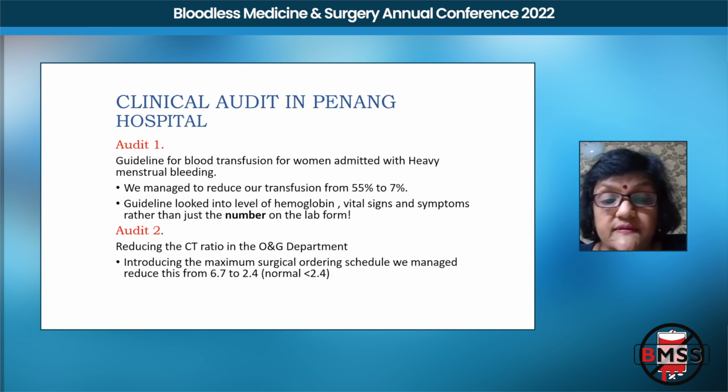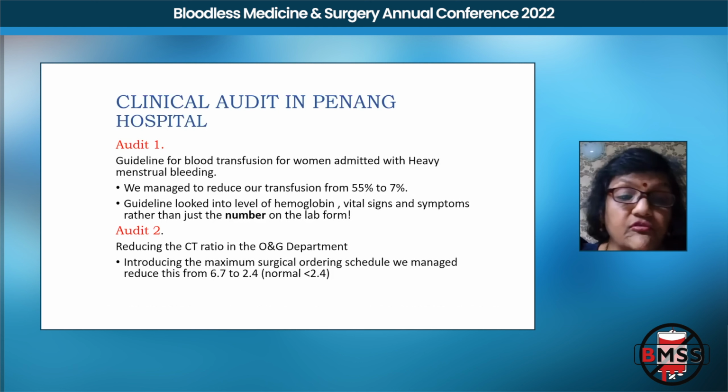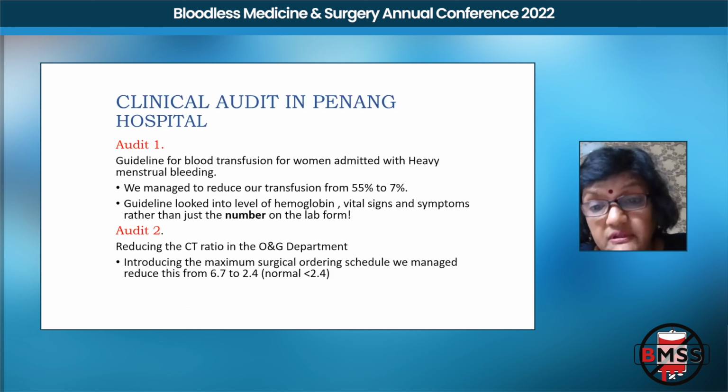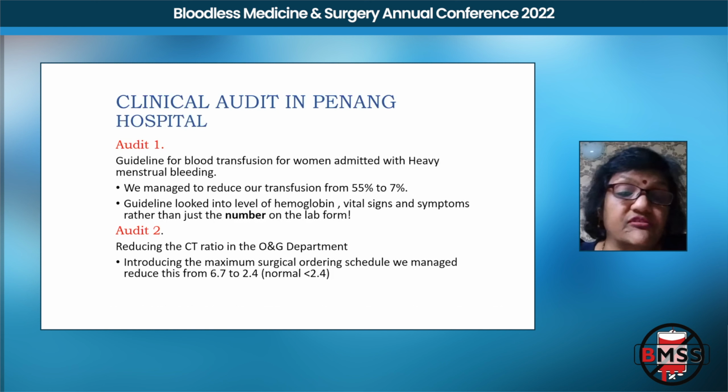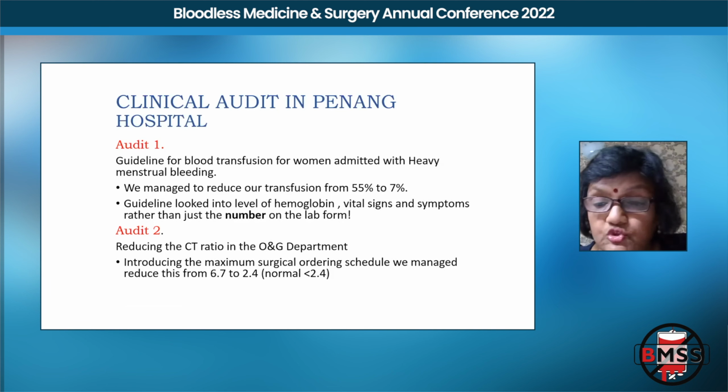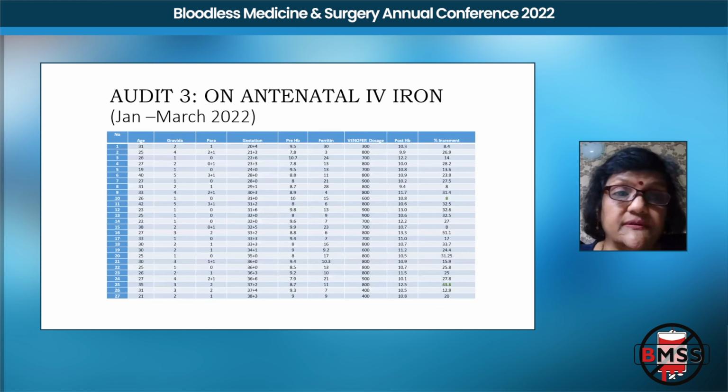So what happened was, rather than just requesting 4 pints of blood, we came up with a maximum surgical ordering schedule based on the usage of blood for different types of surgery. And with this practice, we were able to reduce the cross-match transfusion ratio from 6.7 to 2.4, which is a norm in Malaysia.